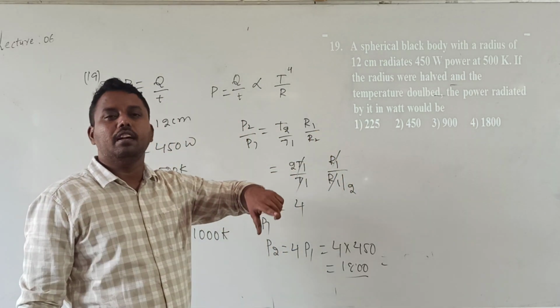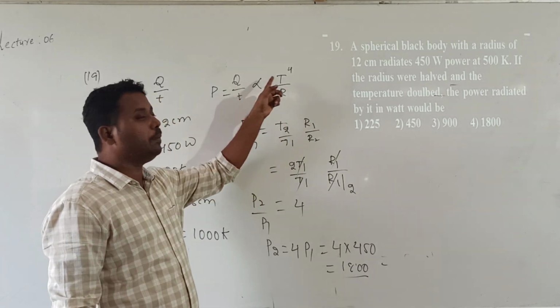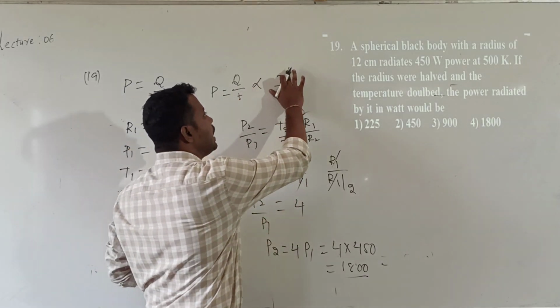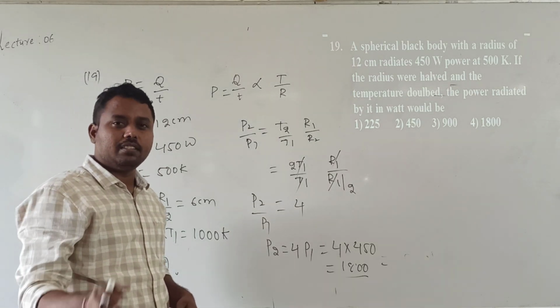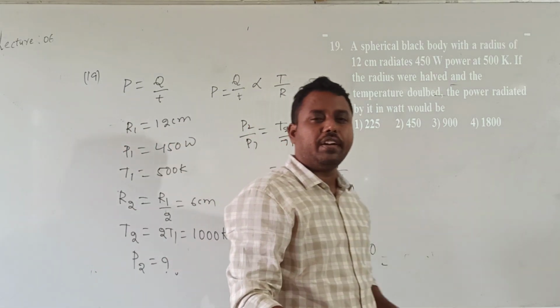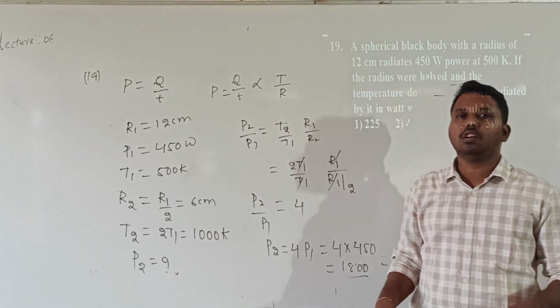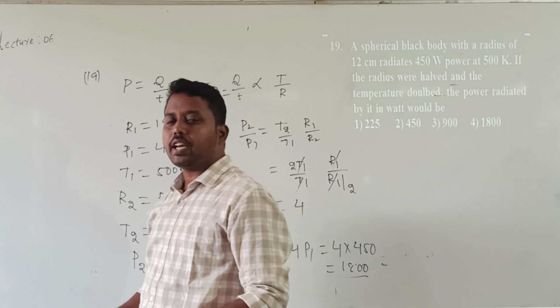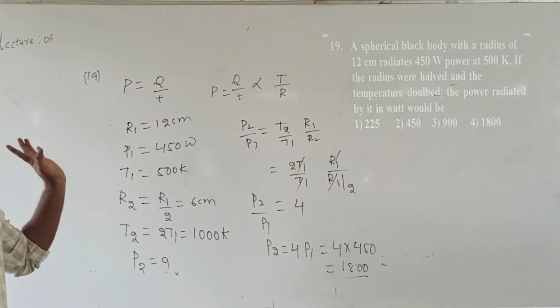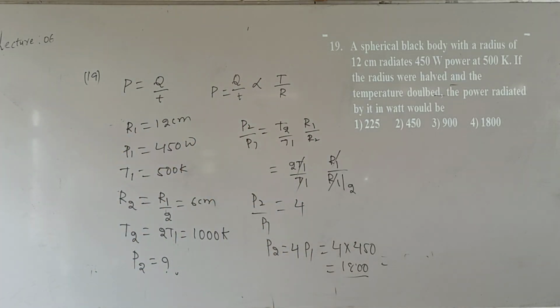But remember, power value directly proportional to T power 4 means power is also directly proportional to T. Even according to Stefan's law, that is Newton's law of cooling, the rate of heat loss is directly proportional to the temperature difference between the body and the surrounding. Okay? So then we can solve it. This is question number 19.